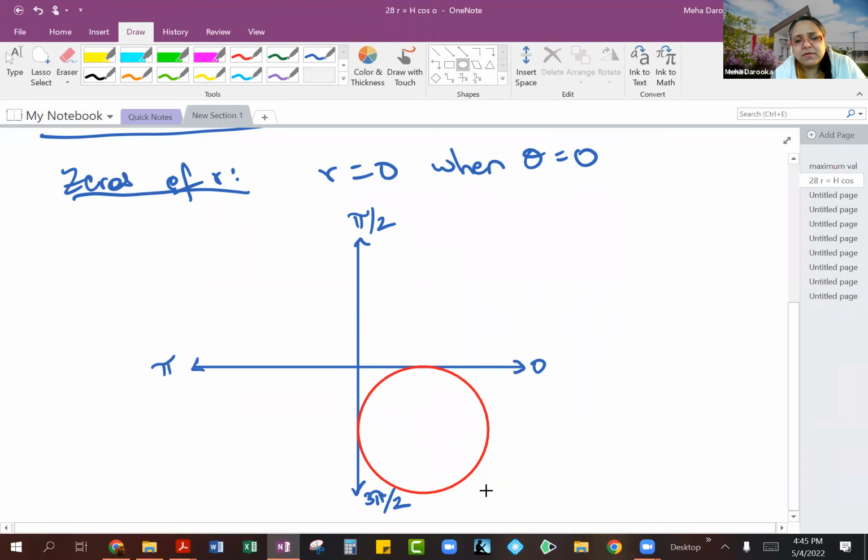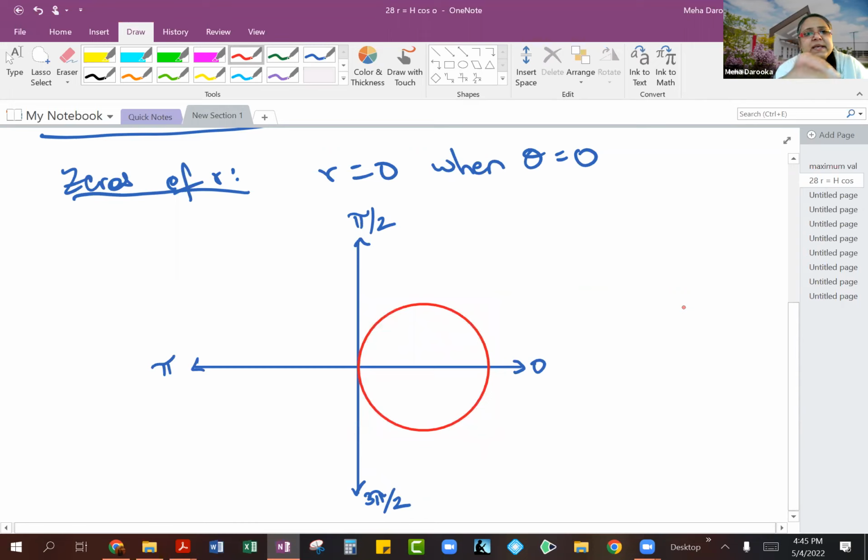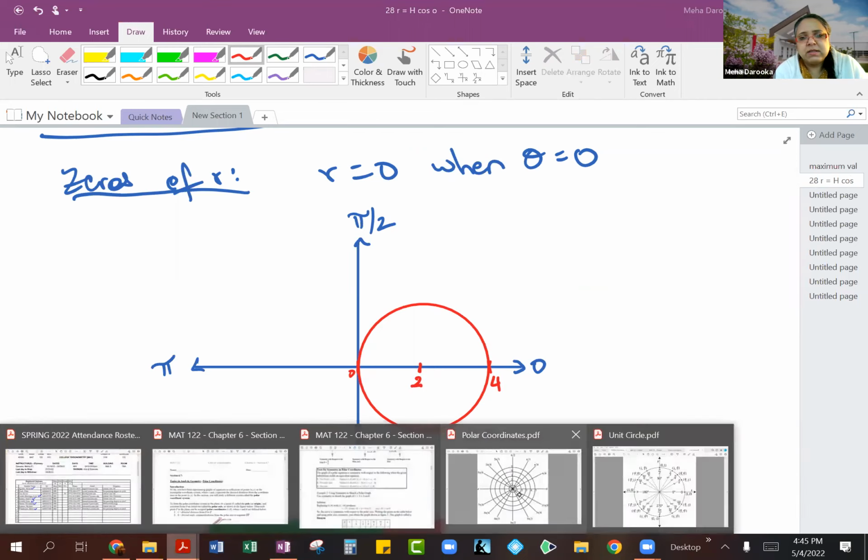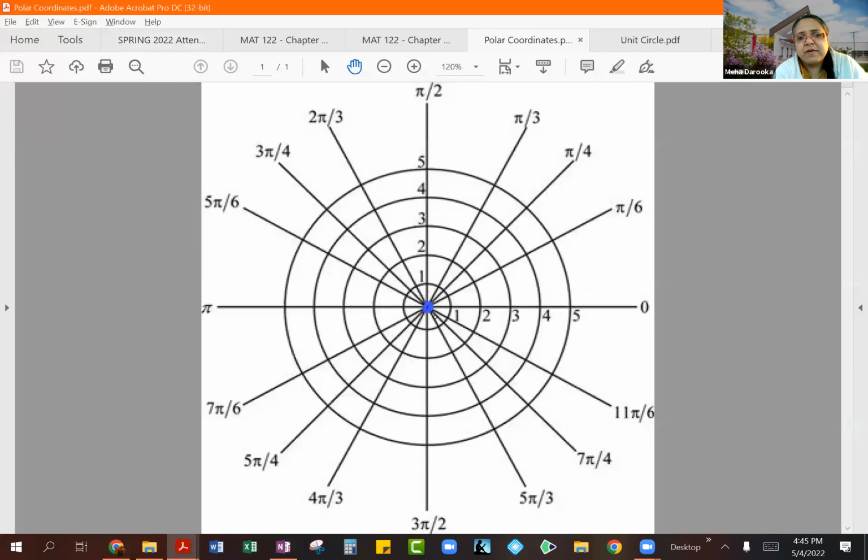So this will actually end up looking like, and we had seen something similar to this in our very first example, this is your pole, your zero. So you would have 0 over here, 4 over here, you would be going out.